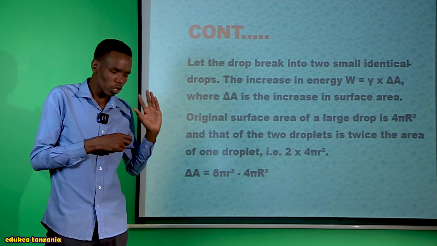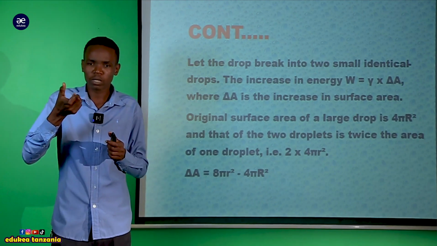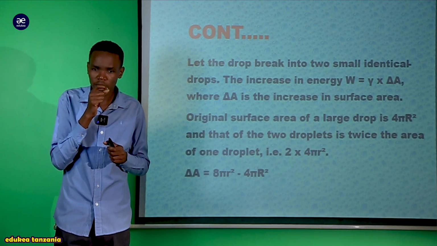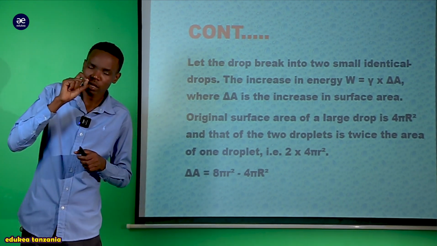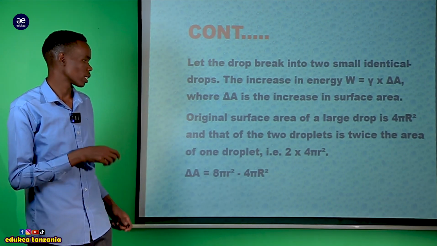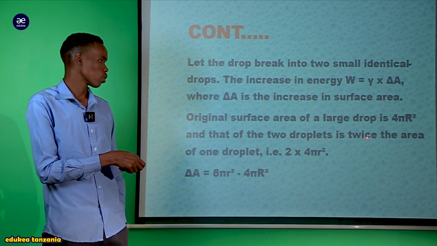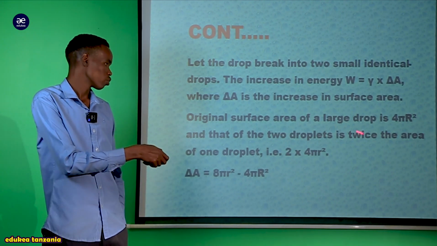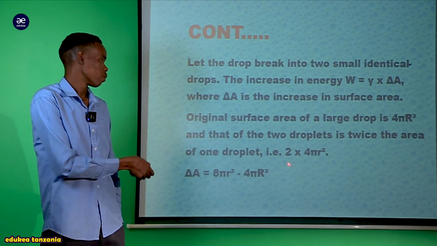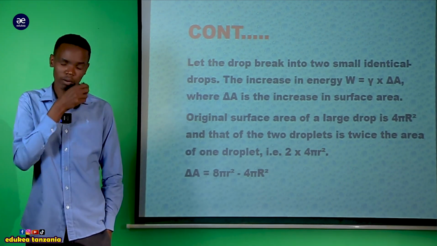Kwa sababu mwanzoni tulikuwa na drop moja na ile imevunjika imetupatia drops mbili. Kwa that of the two drops atakuwa ni twice of that of one drop. Kwa wale wengine atakuwa ni mara mbili wa ile ya mwanzoni kama tunavyojaribu kuobserve. Kwa hiyo itakuwa ni twice wa wale wengine.